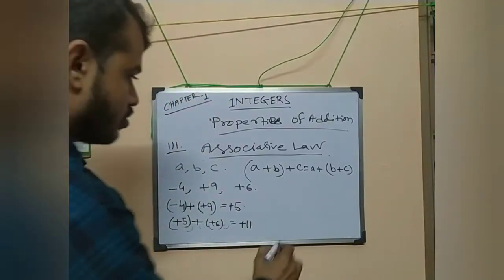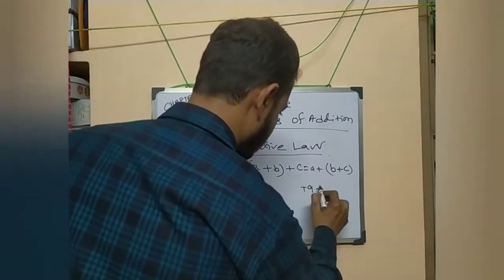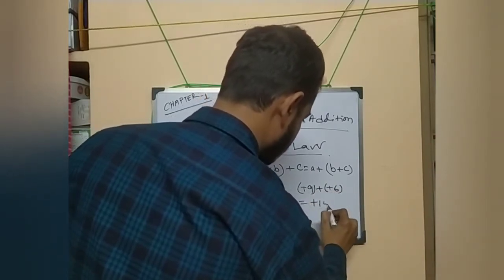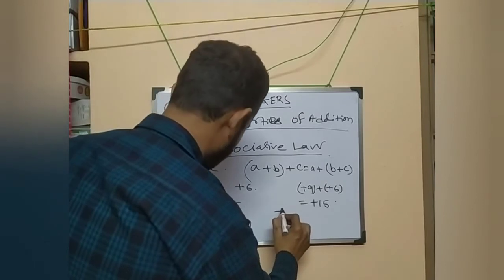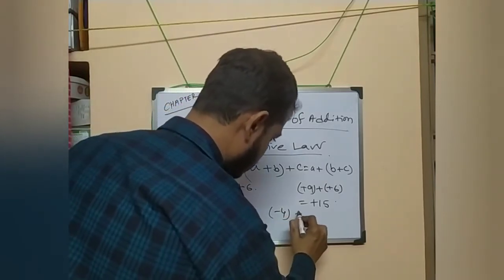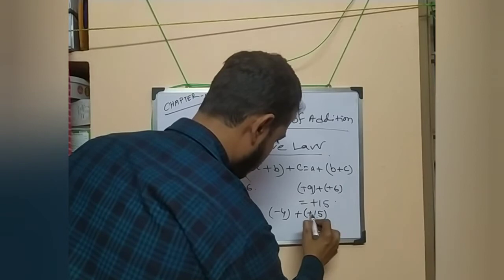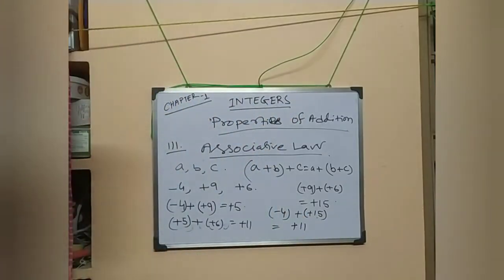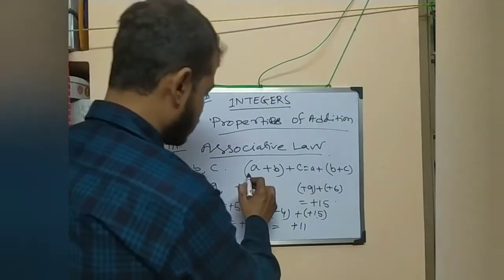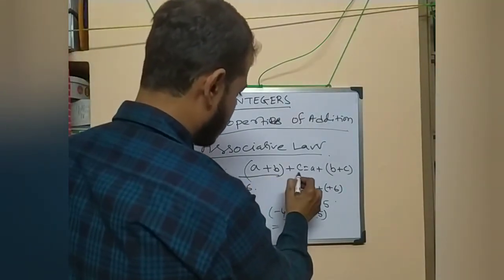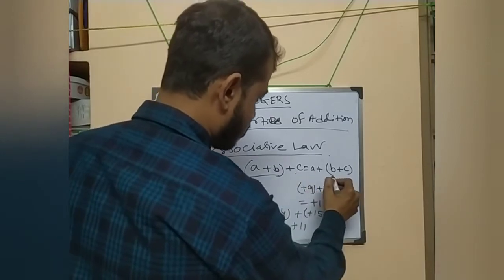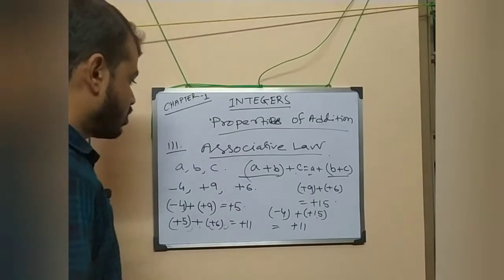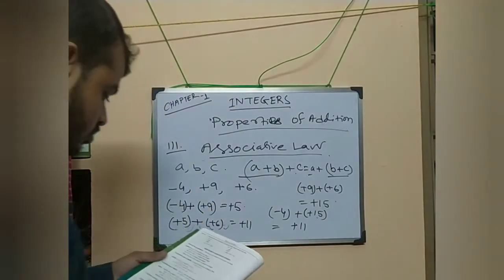Now we first add plus 9 plus 6, then we have plus 15, and then we add minus 4, then we have 15 minus 4 equal to 11, and this is also plus 11. That means if we add first 2 integers and then the third integer, and if we add the last 2 integers and then the first integer, then also equal. This is called associative law.